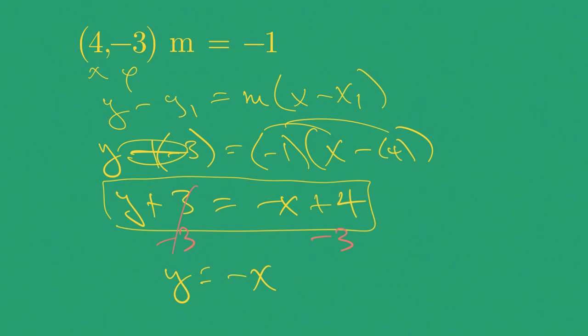What's 4 minus 3? +1. Y equals -x plus 1. That is slope-intercept form, y equals mx plus b. Solve for y.